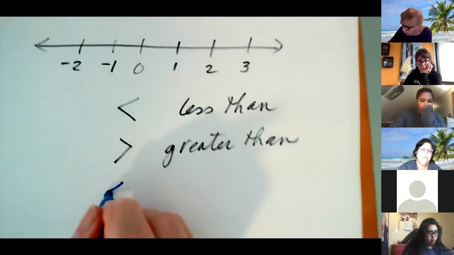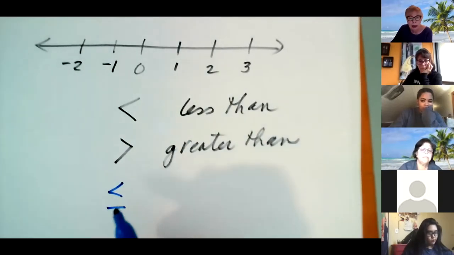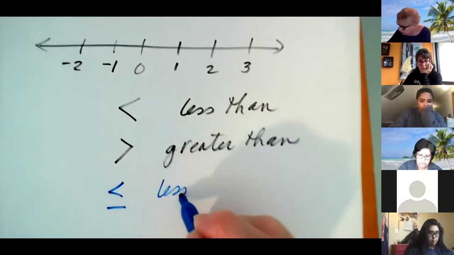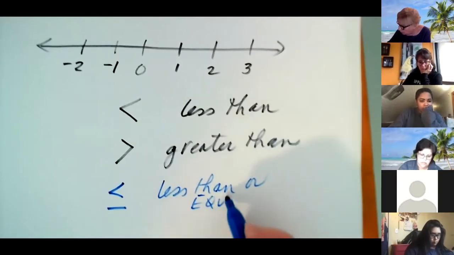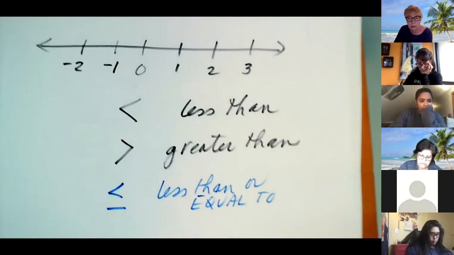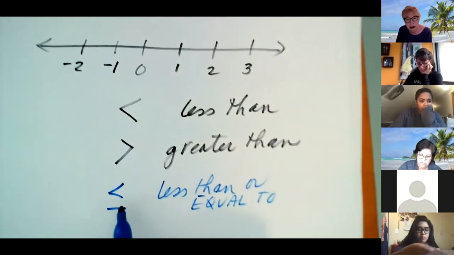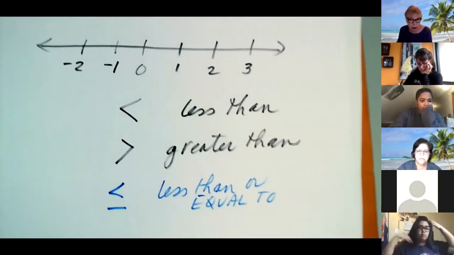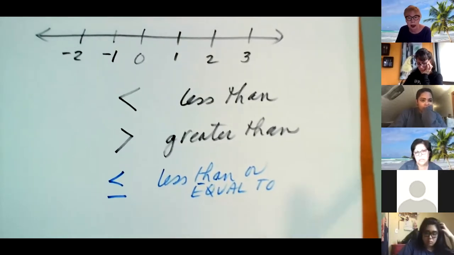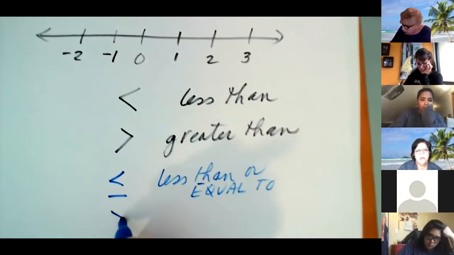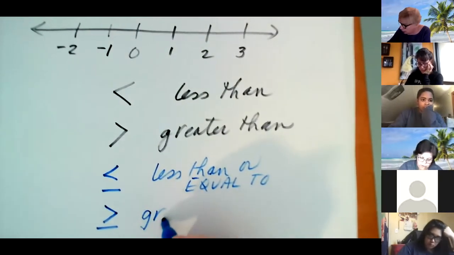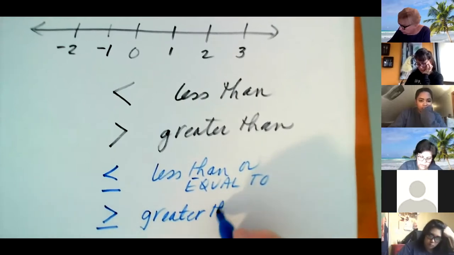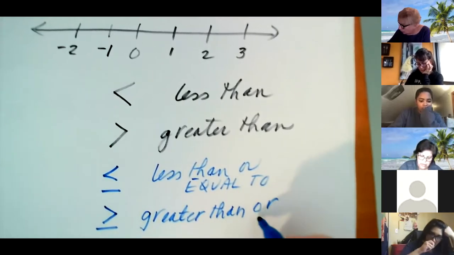And the 2 variations would look like that. This one is a shortcut way of saying less than or equal to. Okay, so instead of having 2 marks for equal, they just have 1, but it's definitely less than or equal to. And then so that we'll finish this off, this one here then would have to be greater than or equal to.